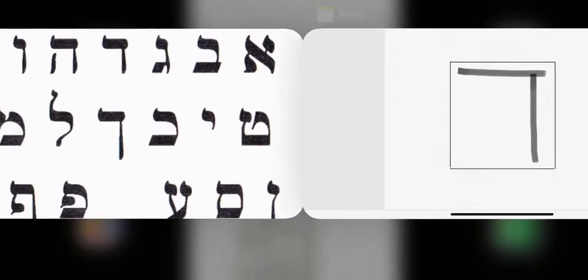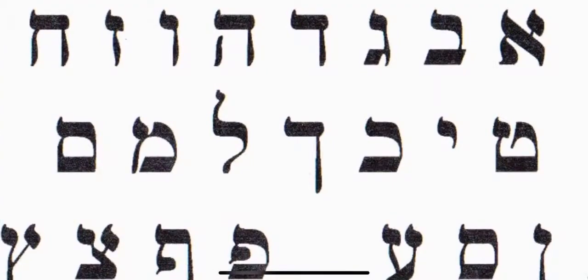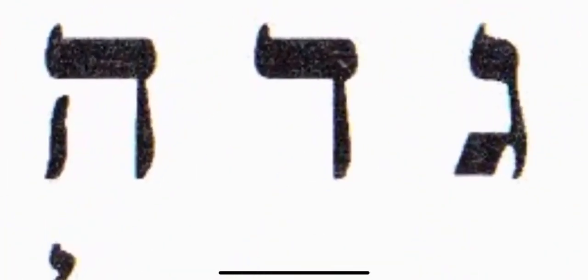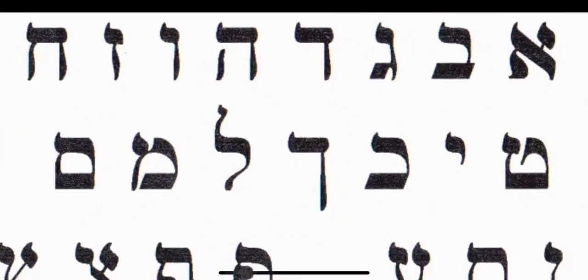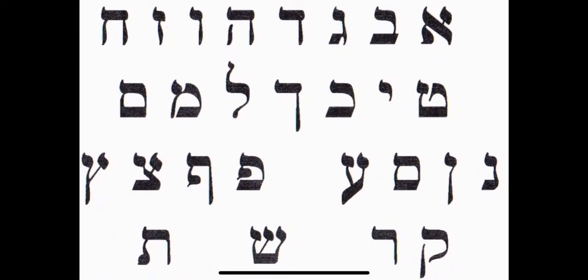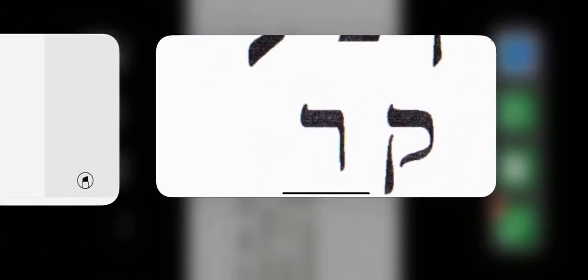This da also looks a lot like this letter right here, the ra. The difference between the da and the ra, once again, is that little edge off the side.